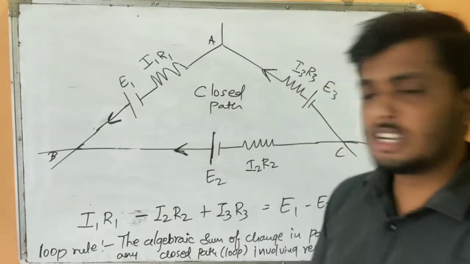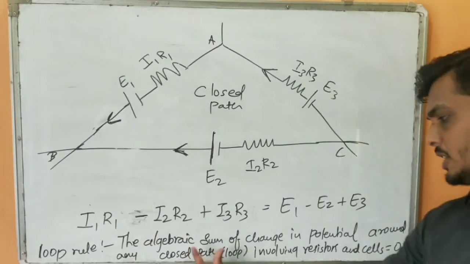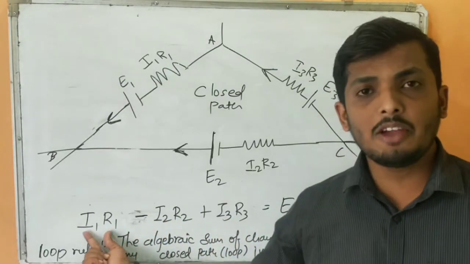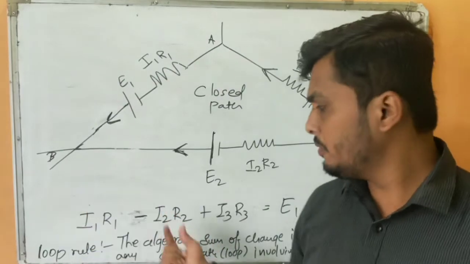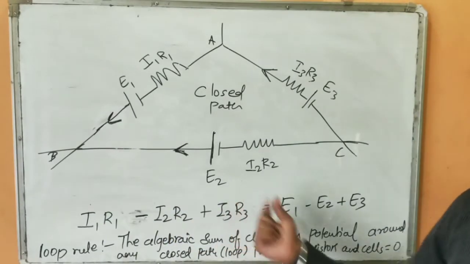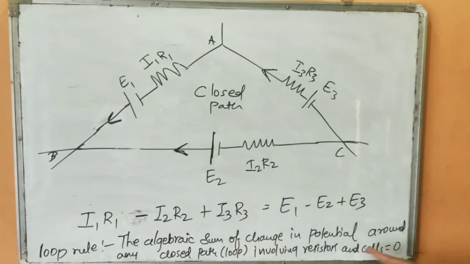So please try to understand the loop rule, what it states, the algebraic sum of change in potential. Change in potential means what? I1 R1 will give you potential V1, I2 R2 will give you potential V2, and I3 R3 will give you potential V3 across any closed path loop involving resistors and cells will be 0.